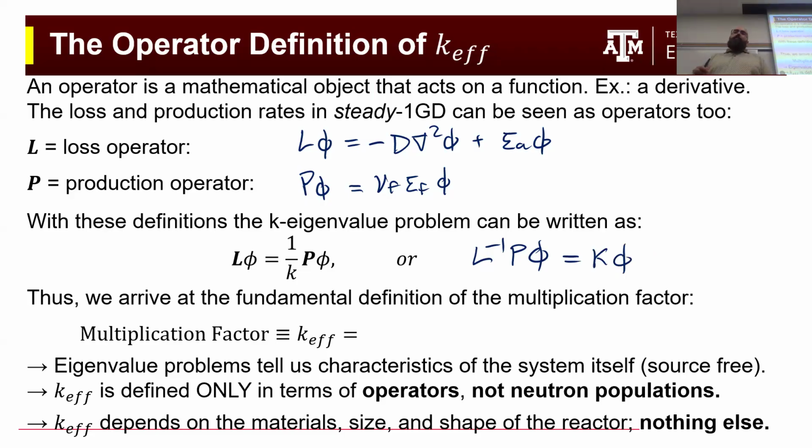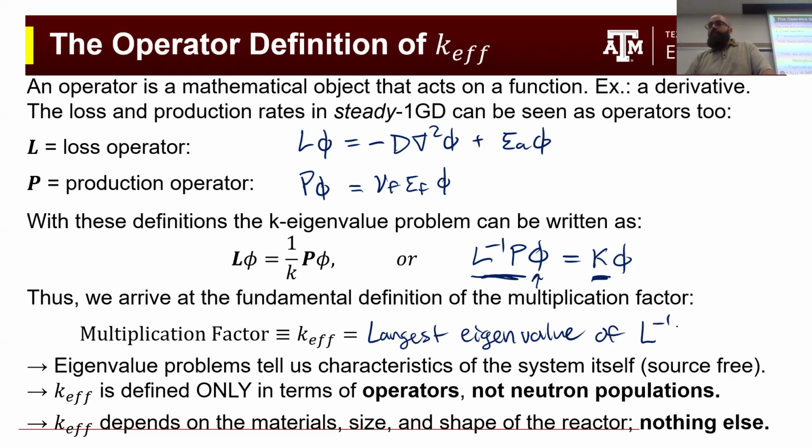This is a more fundamental definition of the multiplication factor. If I have this operator acting on this eigenfunction, then k is the eigenvalue that corresponds to this operation. And we can think of k effective as the largest eigenvalue of my L inverse P operator.